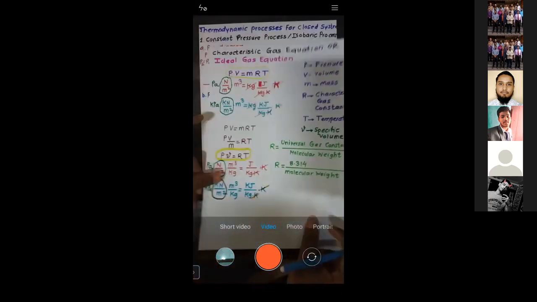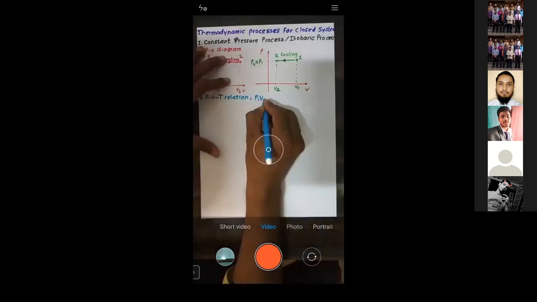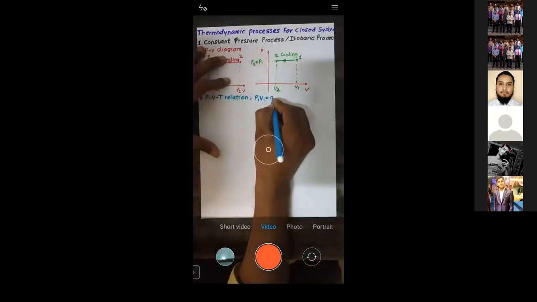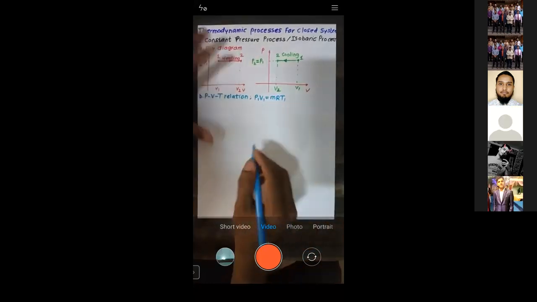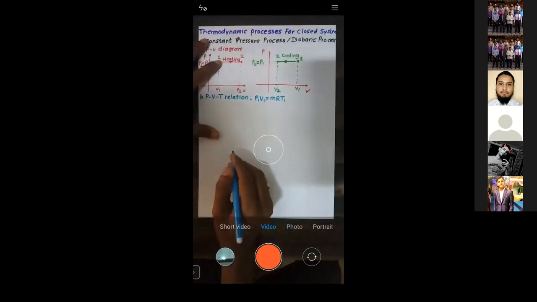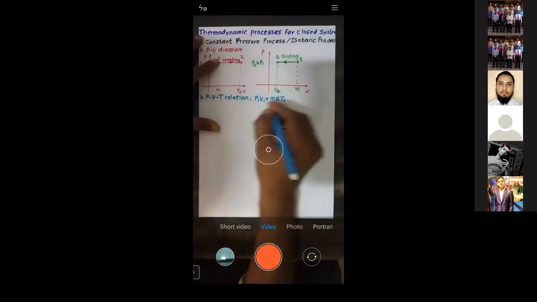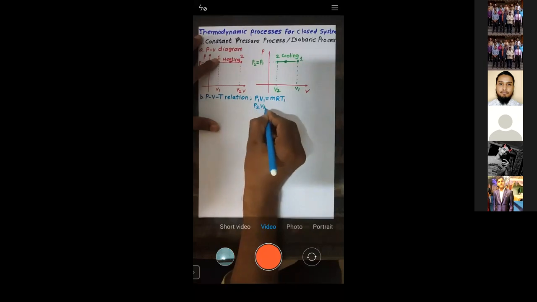Now I will write this as P1 V1 is equal to MRT for state number 1. Similarly, for state number 2, P2 V2 is equal to MRT. Is that okay?